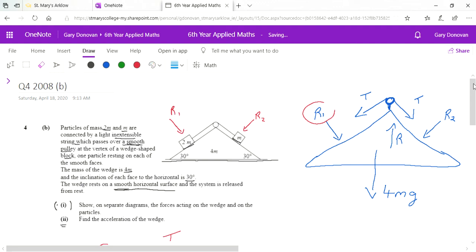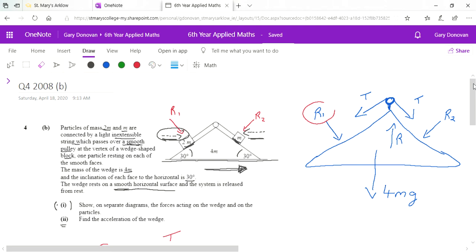R1 is going to have a component in this direction, and R2 a component in this direction. One of them is going to be bigger than the other, because this angle is the same on both sides and this particle has a mass of 2m, whereas this one has a mass of m. So if the 2m component in the horizontal direction is bigger, that tells us that this whole wedge is going to move to the right. It's going to have an acceleration to the right because this component will be bigger than this component.